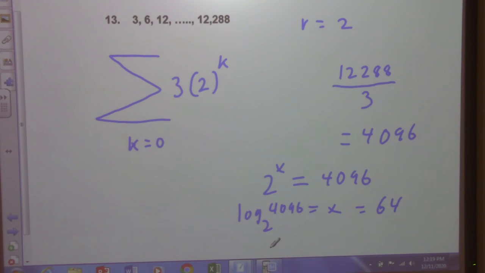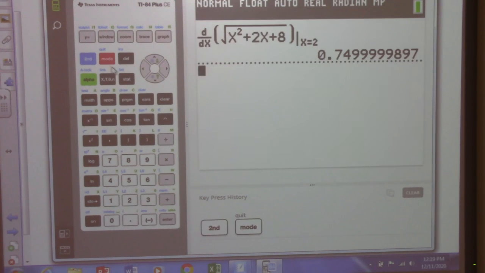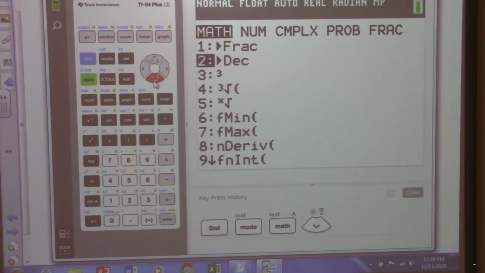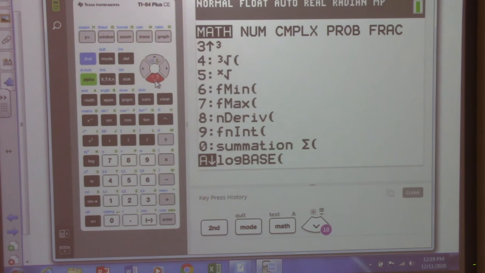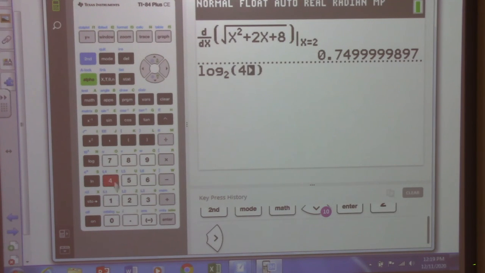Okay, let's look at this. Log base 2 of 4096. Okay, here we go to math. Log base 2 of 4096.